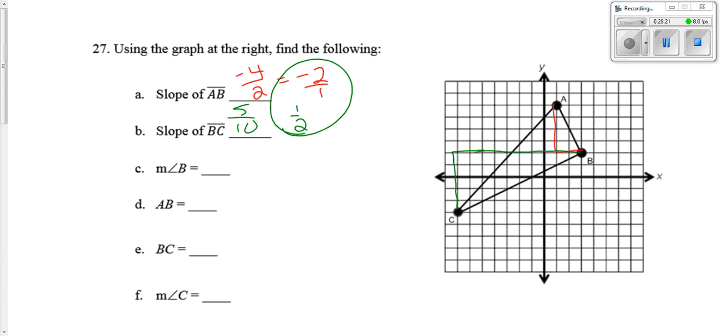So these two together tell me that angle B is 90 degrees. So that's a right angle. The length of AB, well, it's 4 squared plus 2 squared.